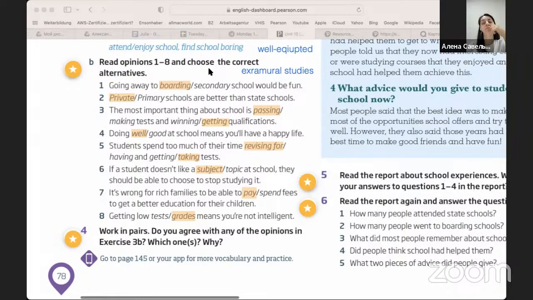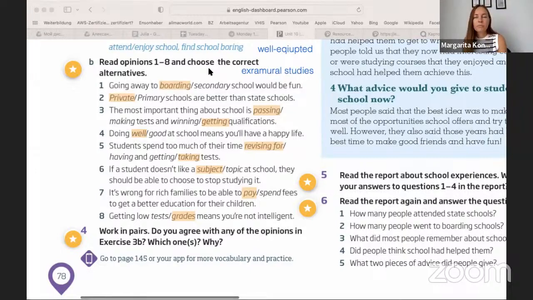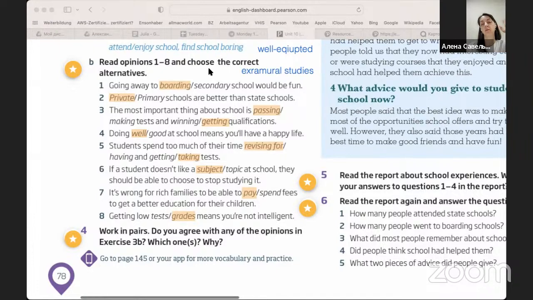It's difficult. Maybe yes, because the better education is in private schools and maybe in very high-level universities.